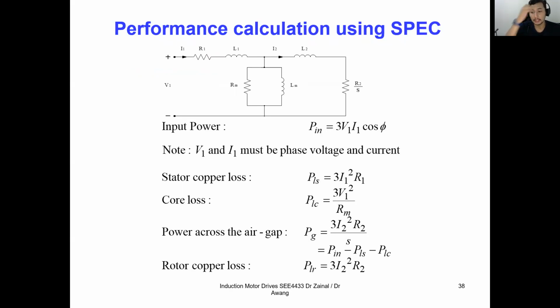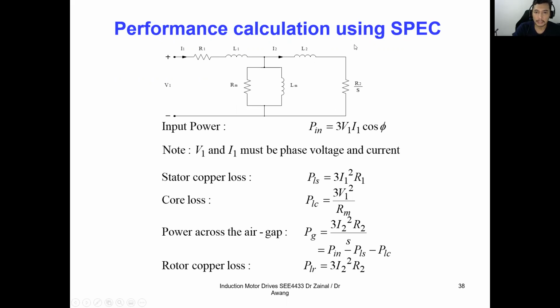So as can be seen here, this is what we call the single phase equivalent circuit of the induction motor. So we have the stator, and then this is your copper and also magnetization effect, and then this is the rotor side.